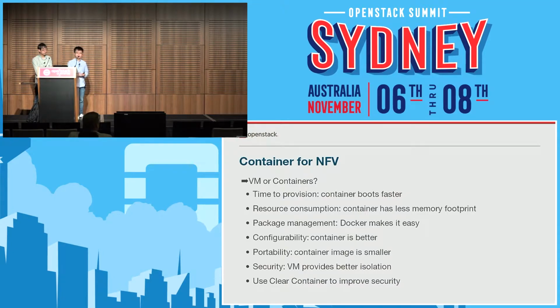The security of VMs is better, because containers generally don't have the capability for strong isolation between neighboring containers. But this can be solved by using an alternative container runtime such as Kata Containers, which provides strong isolation capabilities.